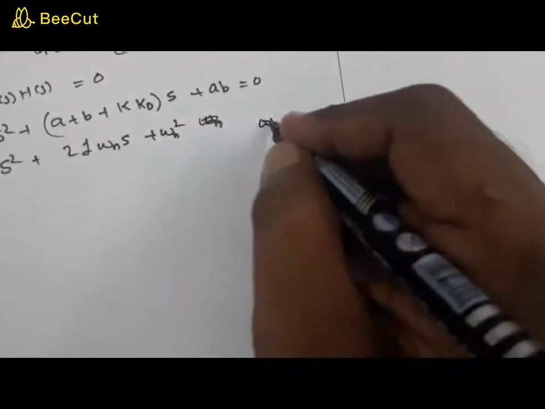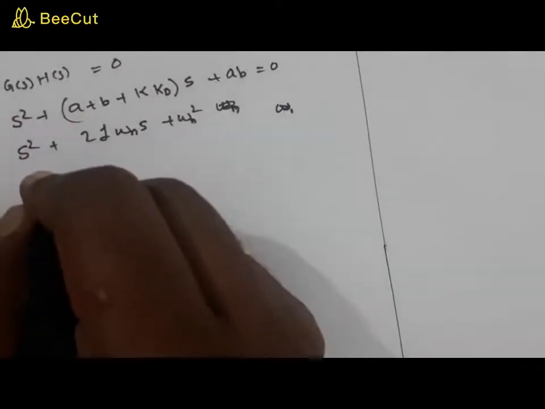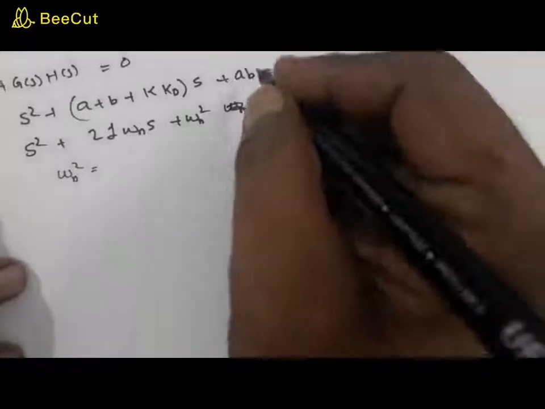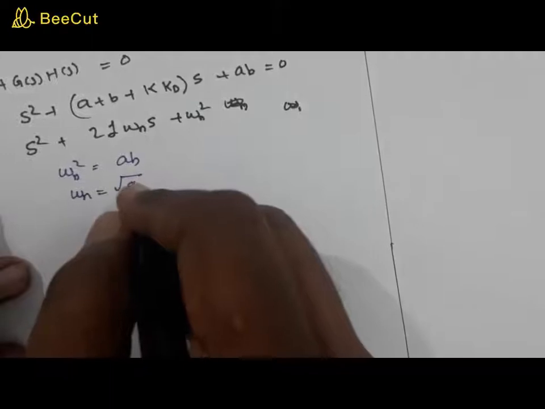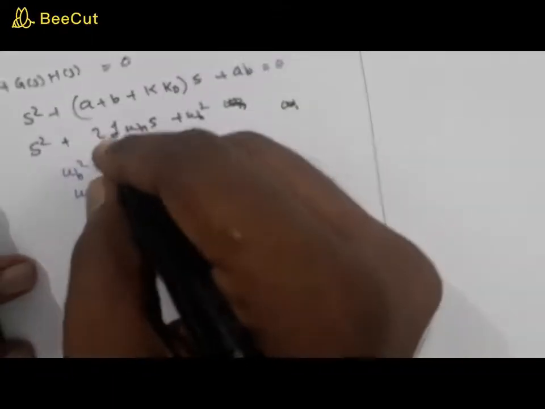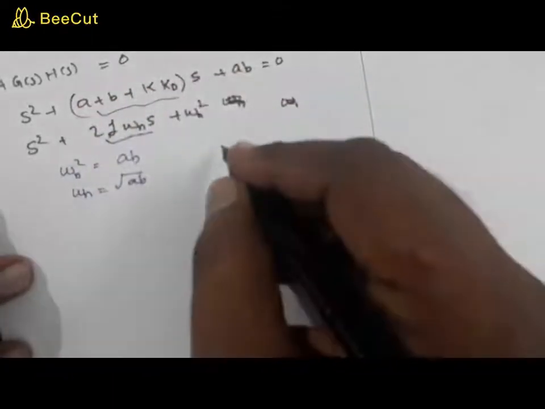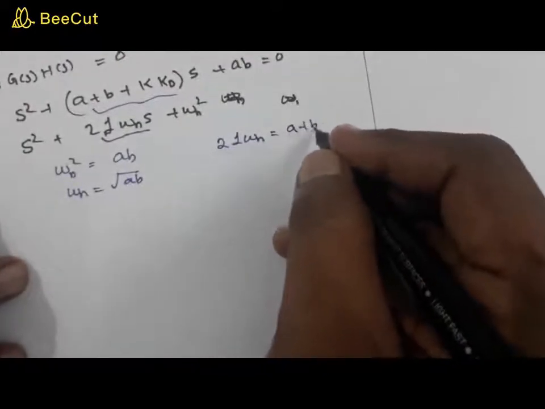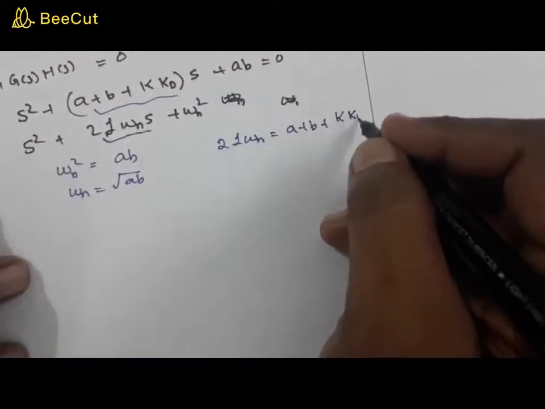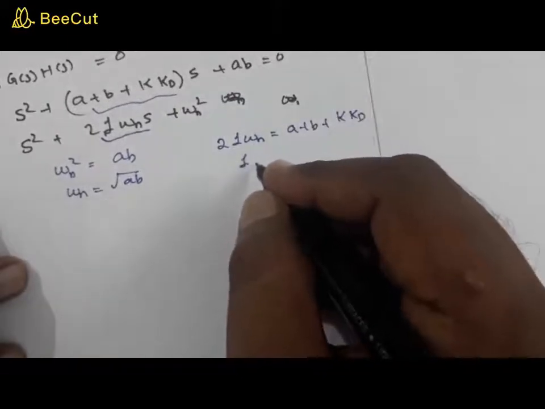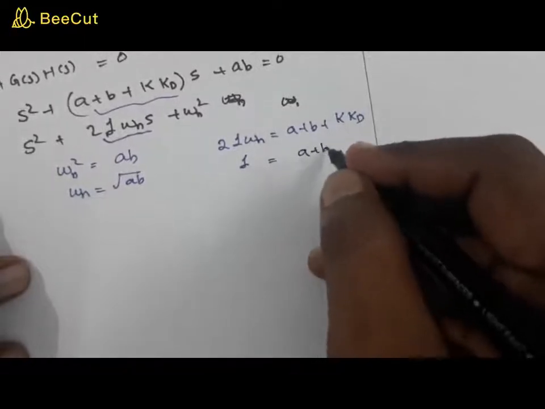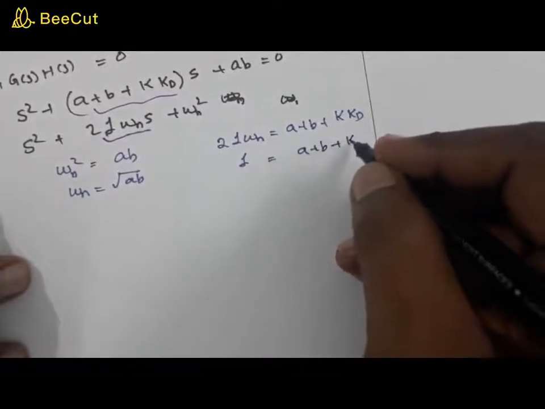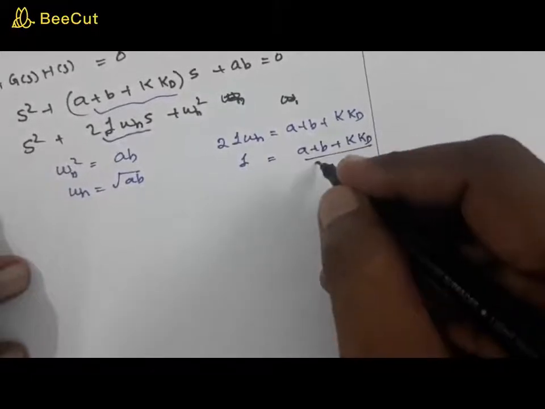So your omega n square will be equal to ab, or omega n is equal to root of ab, and from the s term, 2 theta omega n is equal to a plus b plus k into kd, or your theta will be equal to (a plus b plus k into kd) divided by 2 omega n.